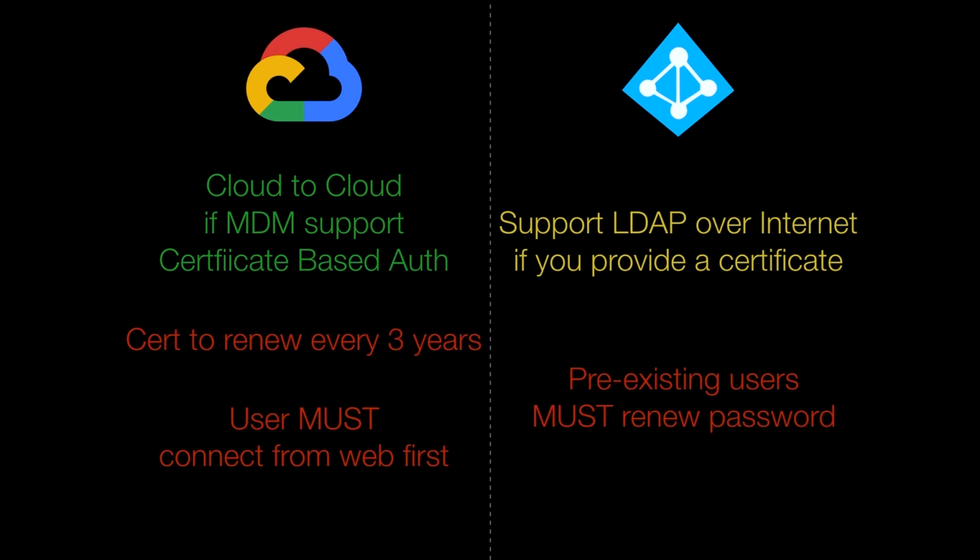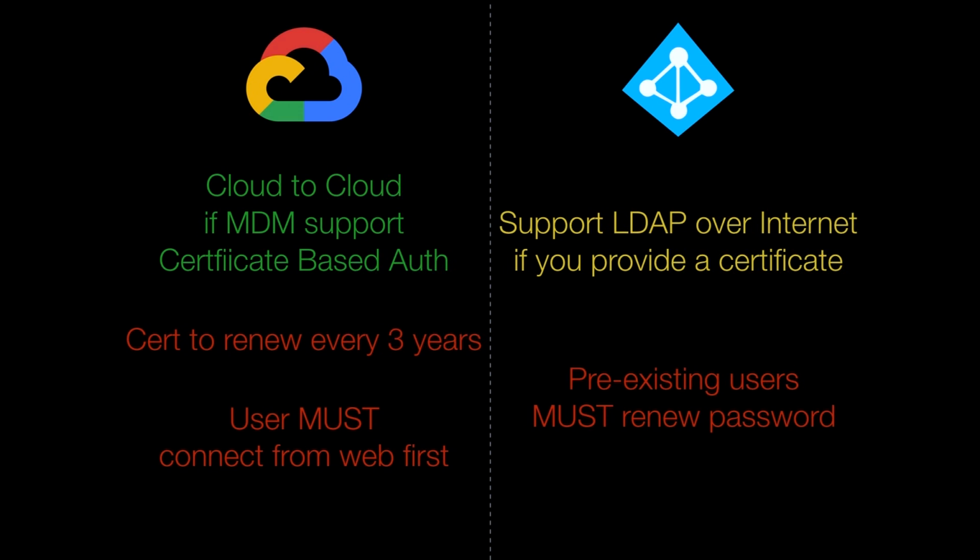On the downside, on Google Cloud Identity, since you are using certificate-based authentication, you have maintenance to do every 3 years to renew the certificate, regardless of your connection method from your MDM to your Google Cloud Identity LDAP gateway.